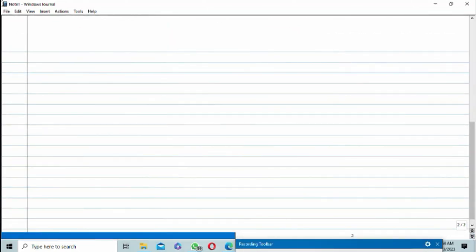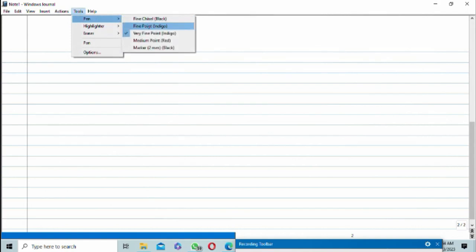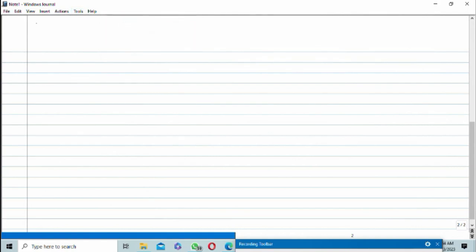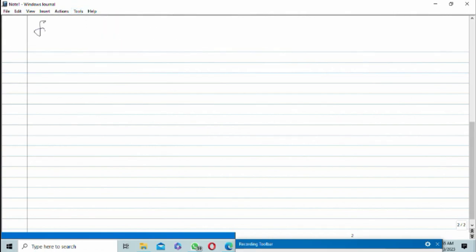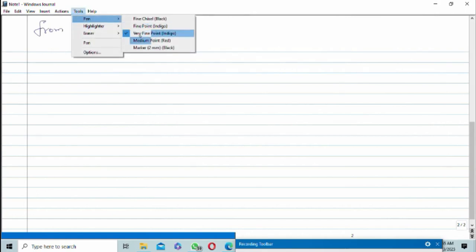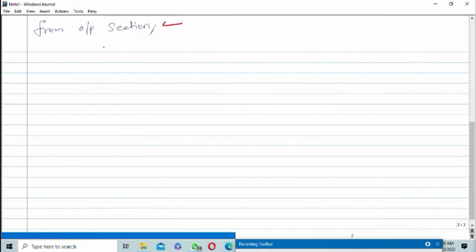For the output section, I'm going to change the color, I think a medium point. I am going to redraw the output waveform for the common emitter configuration.